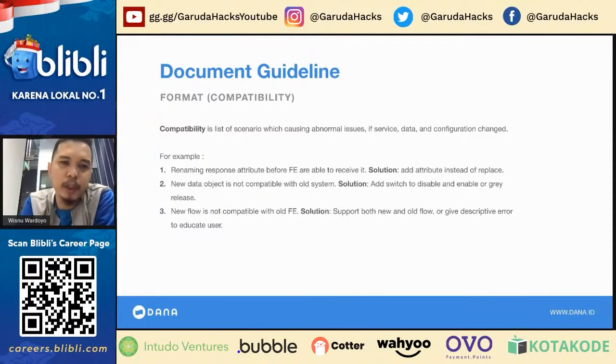This, the last but not least, is the compatibility. This is a list of scenarios which cause abnormal issues if service data and configuration change. This very often happens in production if you don't take enough care about the changes, right?